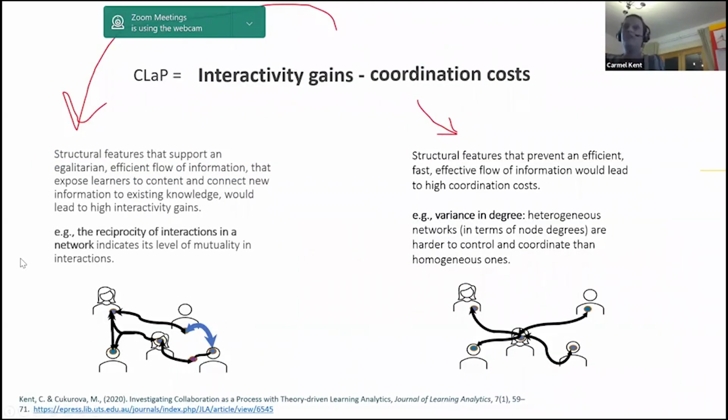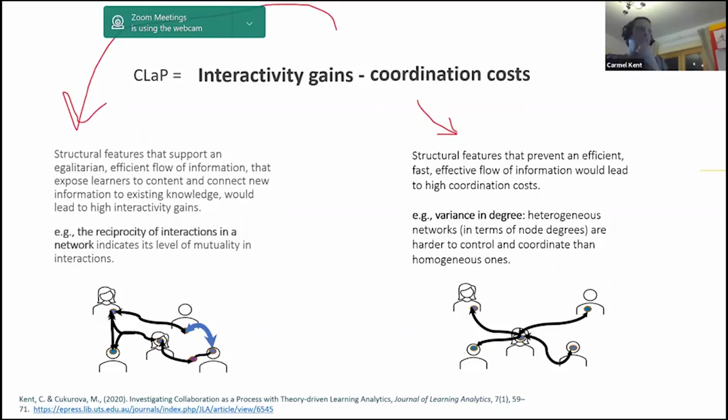Now, if we are looking at those networks and we are trying to operationalize interactivity gains and coordination costs and the gap between them, how do we do that using those networks of interactions? So in the paper, we suggested a list of a few measures that could operationalize interactivity gain, and we also suggested a few to operationalize coordination costs.